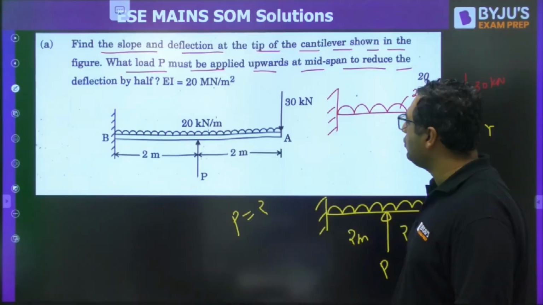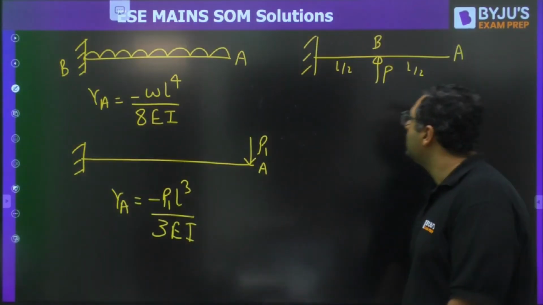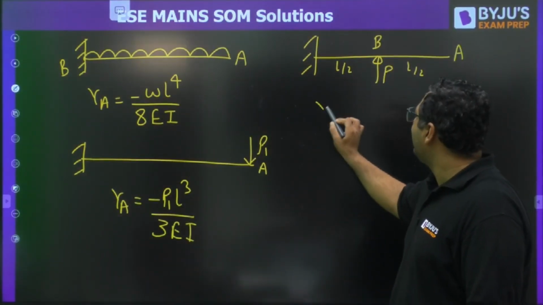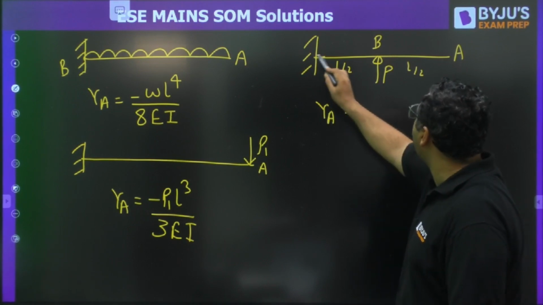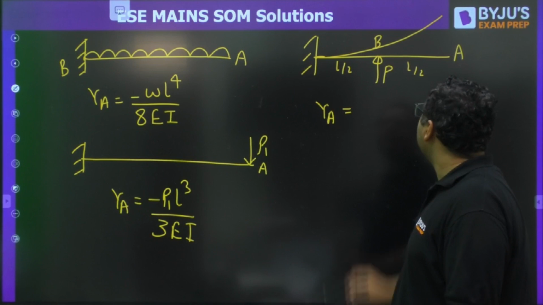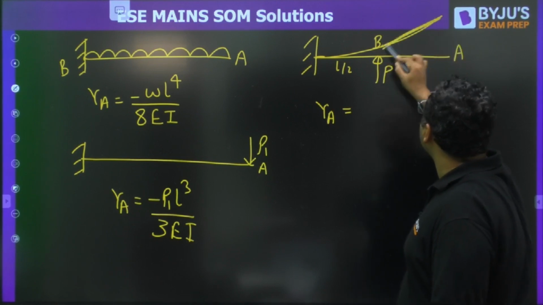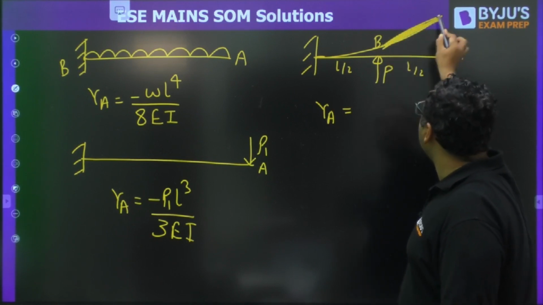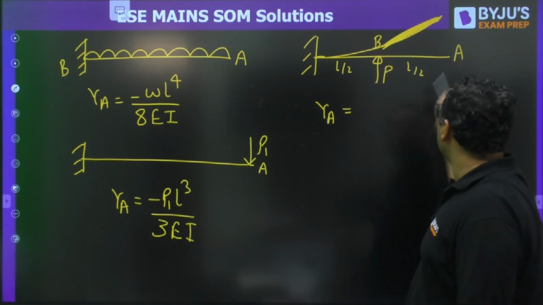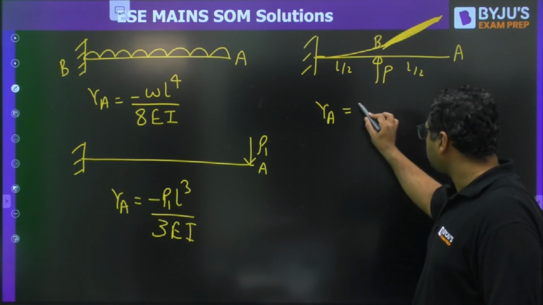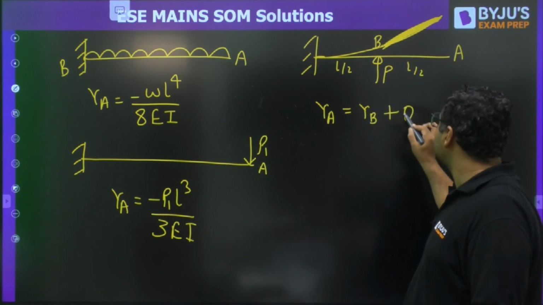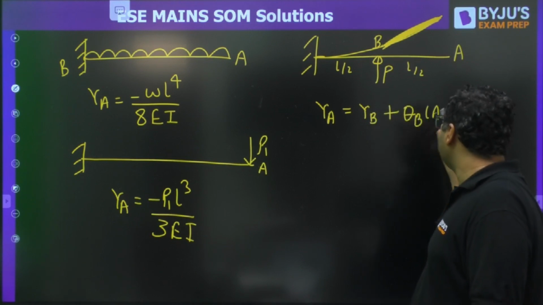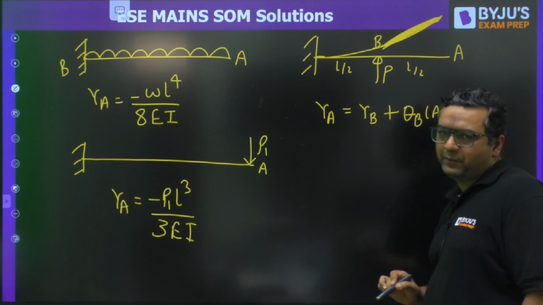Why is this L by 2? Because this is 2 meter, 2 meter. So you can write deflection at A as upward. After this it will be a straight line, because there is no load between A and B. So to find deflection at A, it will be deflection at B plus slope at B into AB. This is also the principle of superposition.